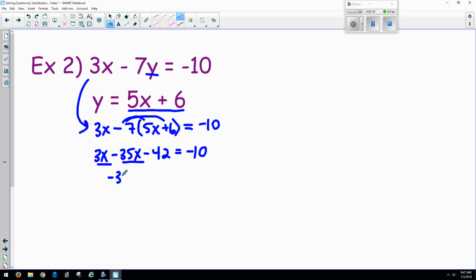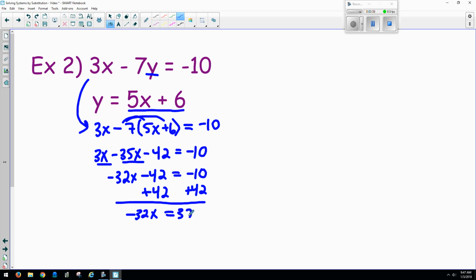So I get negative 32x minus 42 equals negative 10. And again, we're just solving for x. So I have negative 32x equals 32. And then I'm just going to divide both sides by negative 32.